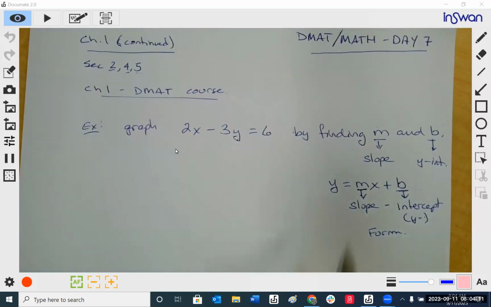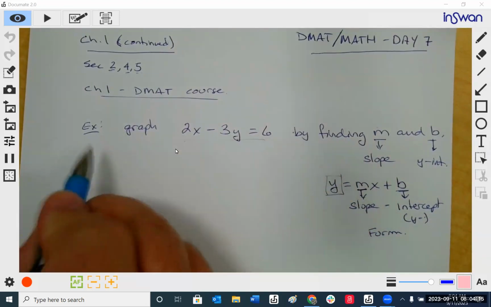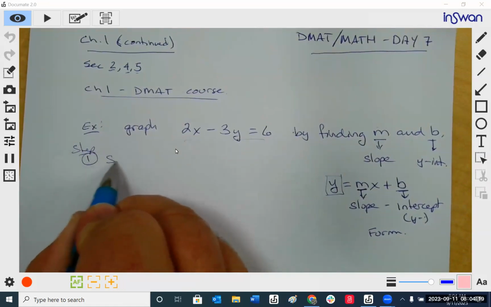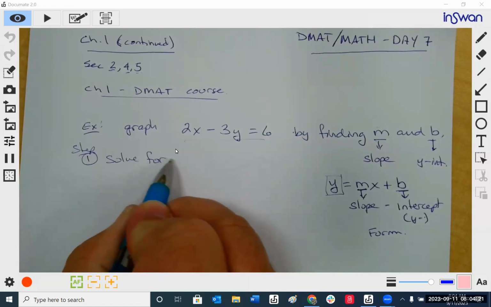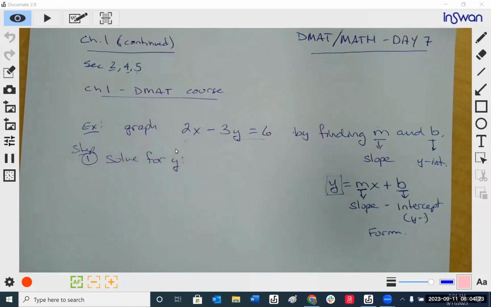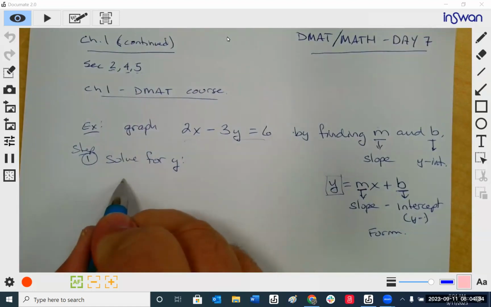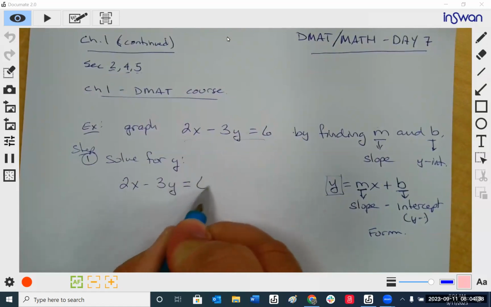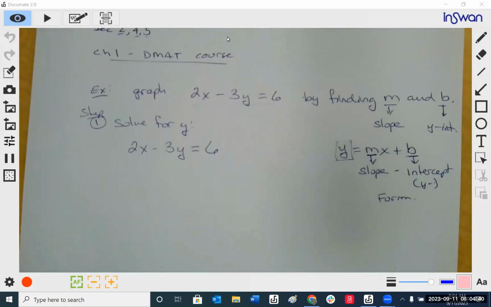How do you get the slope-intercept form? Solve for y. So let's take this equation. First step, solve for y. What's the first thing you have to move?